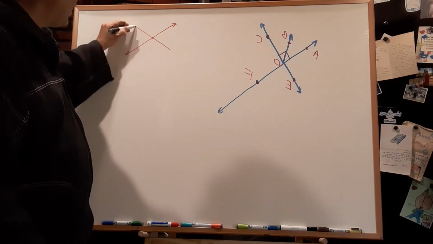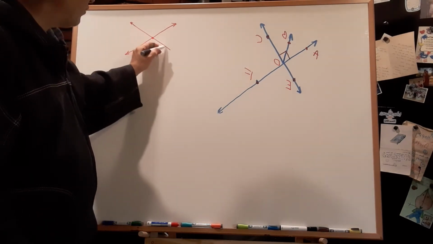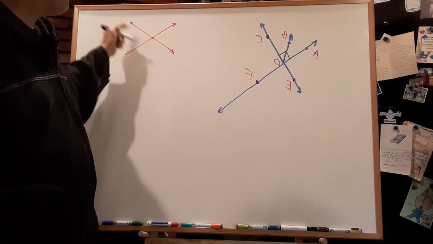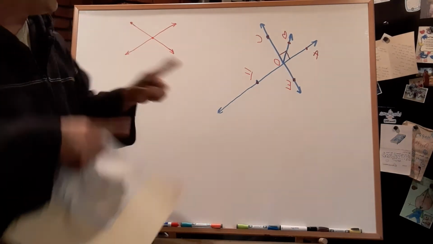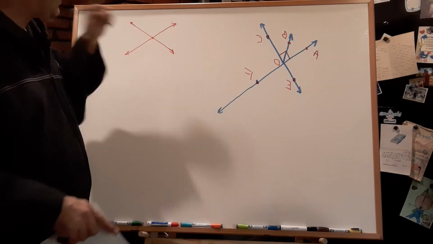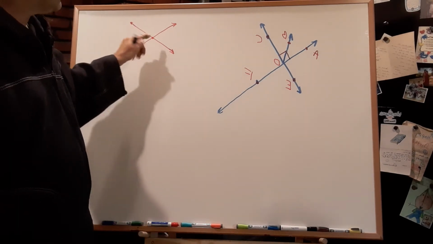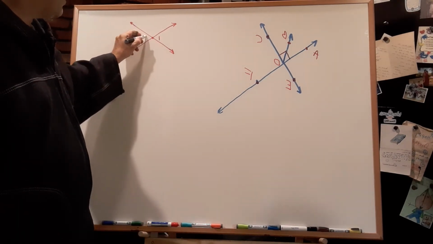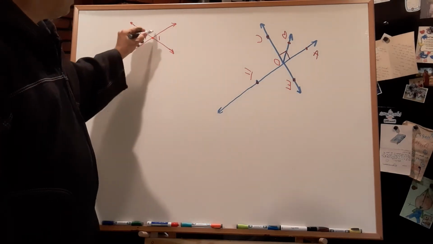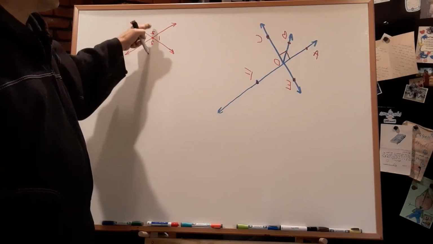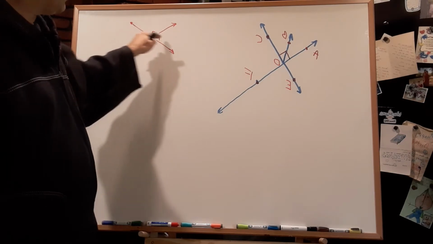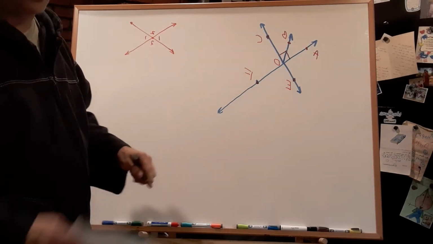This ray and this ray are opposite rays. So when two lines intersect, they form opposite rays at the intersection. So that means that and that are vertical, and those are vertical.